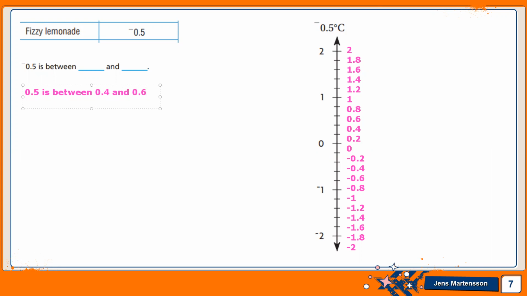Right. So that means negative 0.5 is between what? Bravo. Negative 0.4 and negative 0.6. So where will you find negative 0.5?